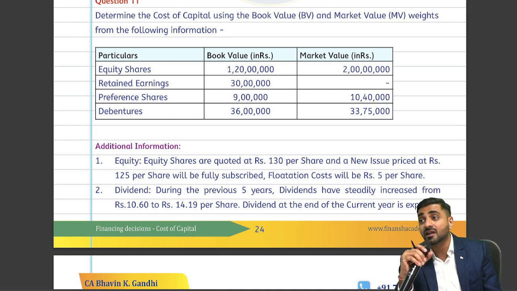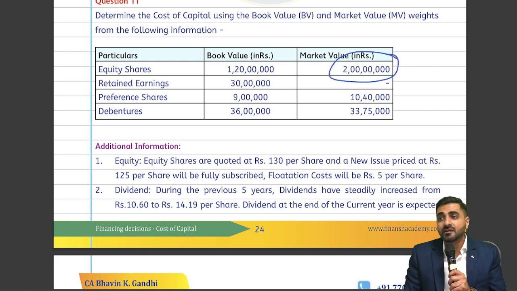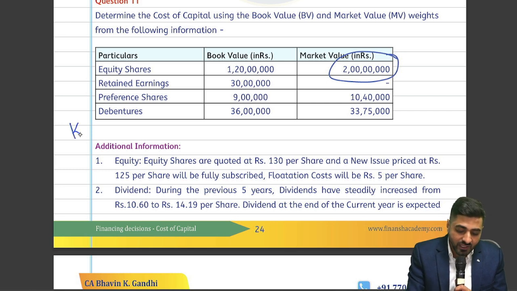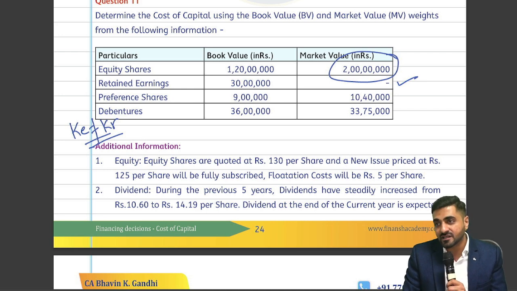No. But I told you that when KE is not equal to KR, at that time I have to consider market value. Can you all please tell me what is the market value of equity? 2 crores. But in this question, your KE and KR are not the same. In that particular case, I have to write down market value of equity.